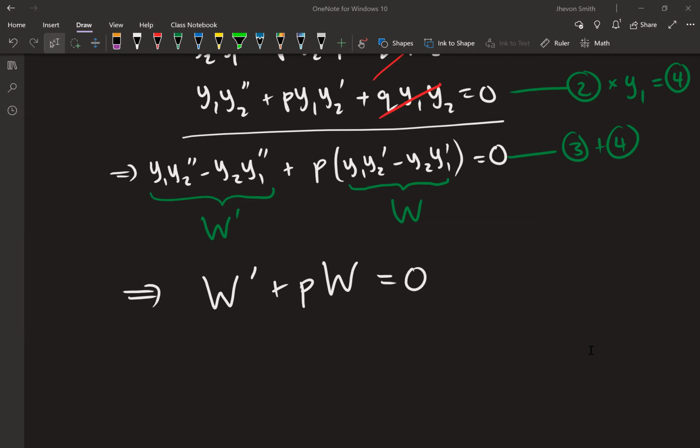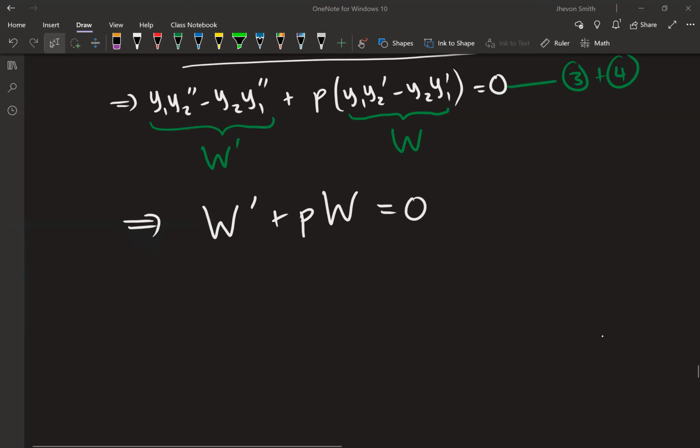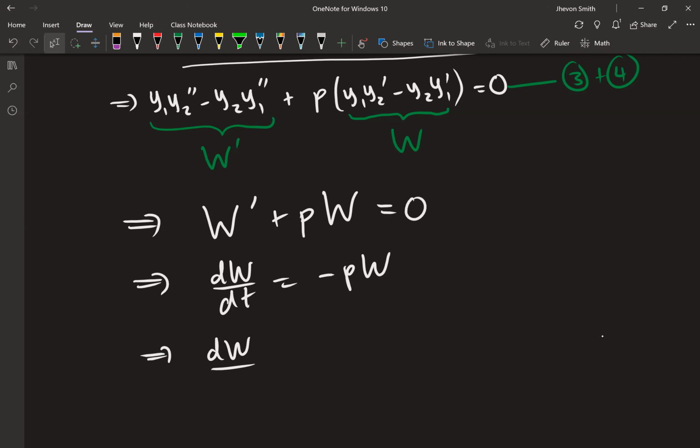There's something that you should see first. It is first order linear, but yes, Roberto got it. It is also first order separable. I can separate the equations, separate the variables. So this is dW/dt is equal to minus pW. And in other words, dW over W is going to be minus p dt.